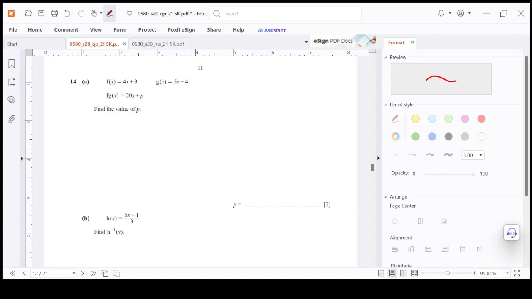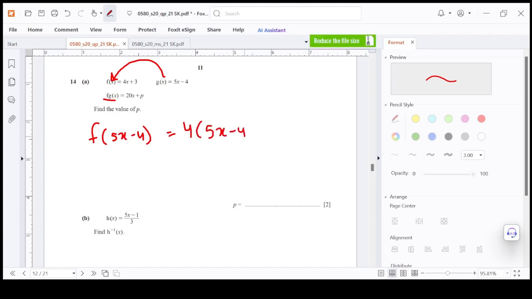Okay. f(x), g(x), and fg(x) are given. Find the value of b. Now for fg, you have to put g in f. It's going to be f(5x minus 4), which is going to be 4 times (5x minus 4) plus 3, equated to 20x plus b.